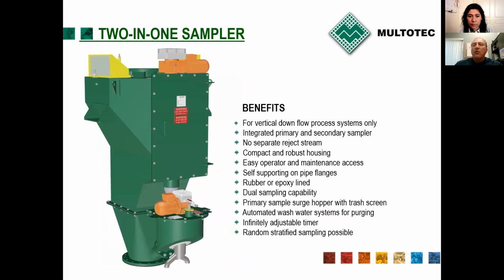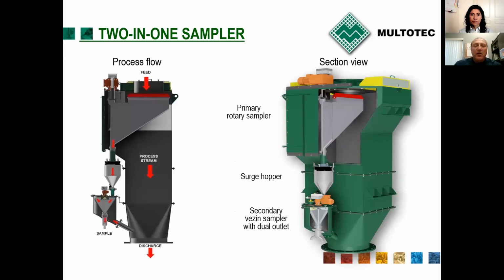You also have the combination of a primary sampler and a secondary sampler in the same unit, which we call a 2-in-1 sampler. Your slurry falls into the pipe entrance here. A collecting arm cuts the slurry in one shot.